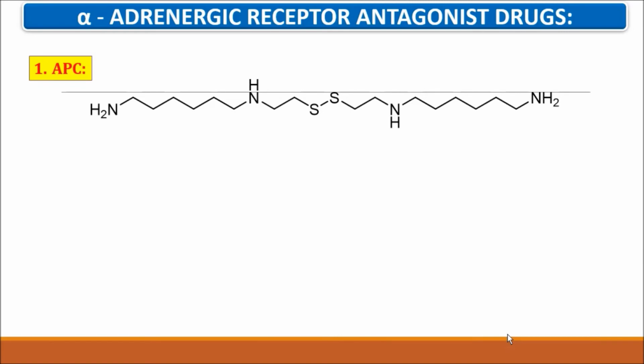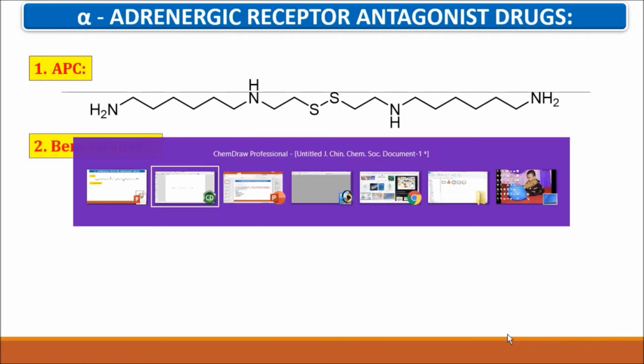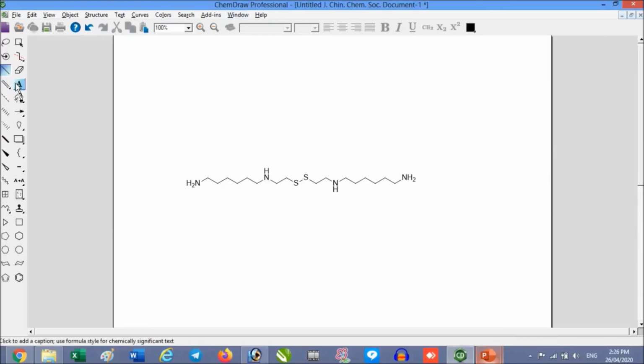The second one is benoxyethamine. You see here this nitrogen is added to methylene, and that methylene has a phenyl group. That phenyl group has a methoxy group at the ortho position.